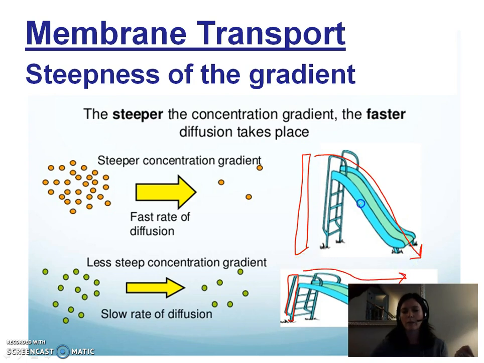Okay? It's going to go faster here in the figure at the top because the concentration gradient, the difference between the two sides, is a lot greater than here, where the amount or the concentration of molecules on one side versus the other is a little bit closer together. So the steeper the concentration gradient, the faster this movement is going to occur.